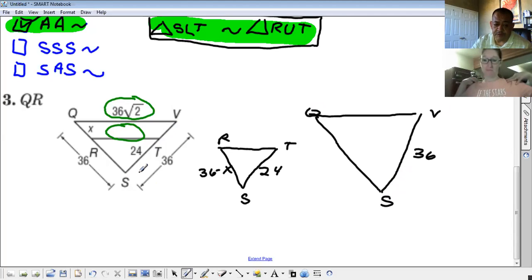From here to here is 36. I know from here to here is 36. And I know that this is 36 radical 2.